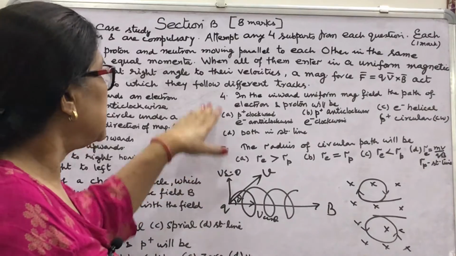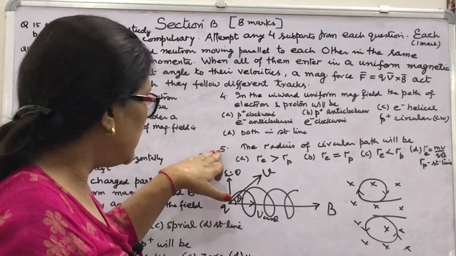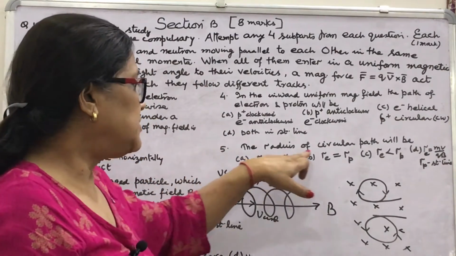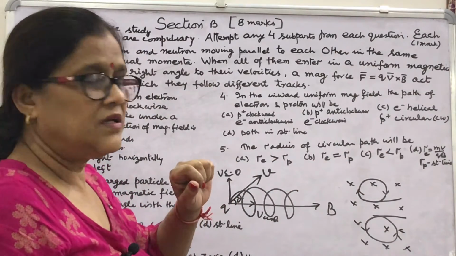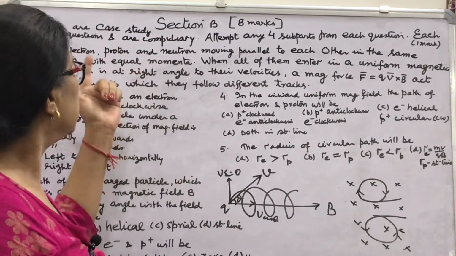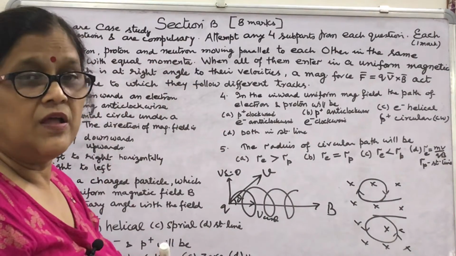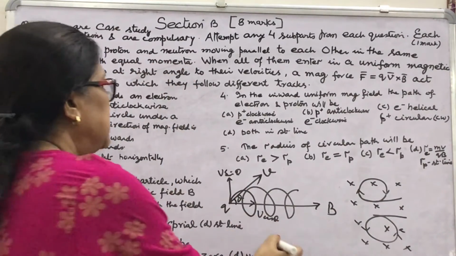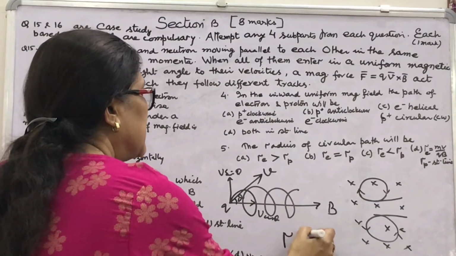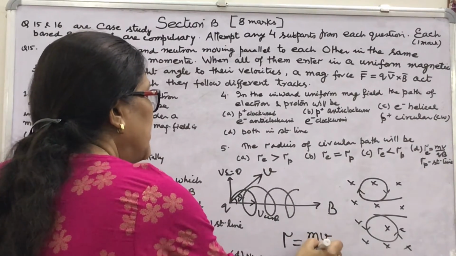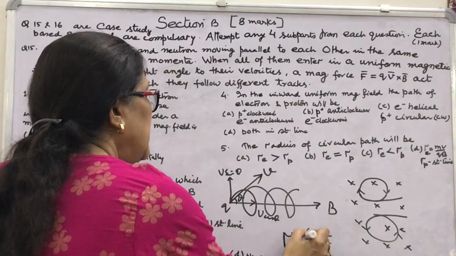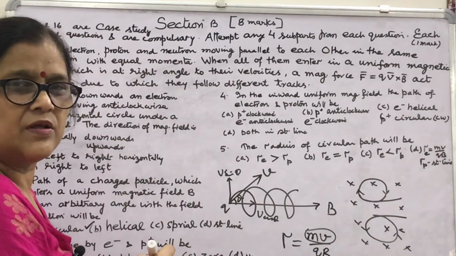Last option, the last part: the radius of the circular path will be. Look, in the paragraph it is given that they are moving with equal momenta. And you know the radius formula for a circular path: r equals mv upon qB, and this mv is called momentum.